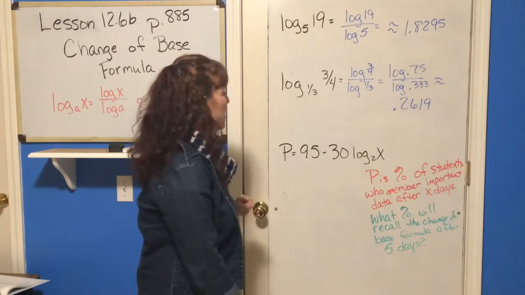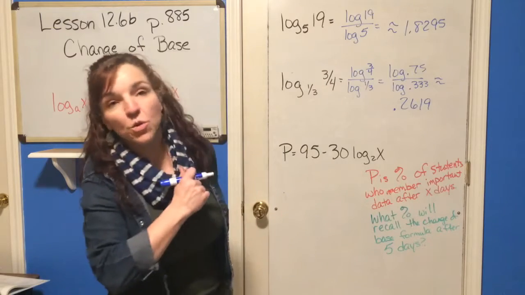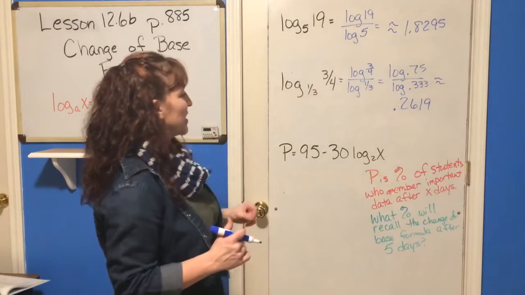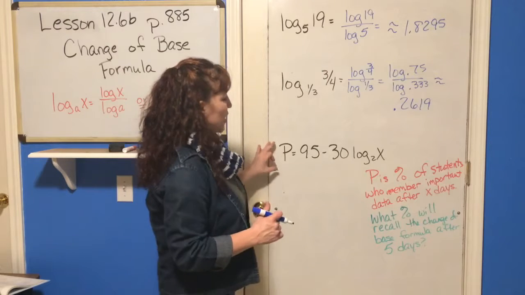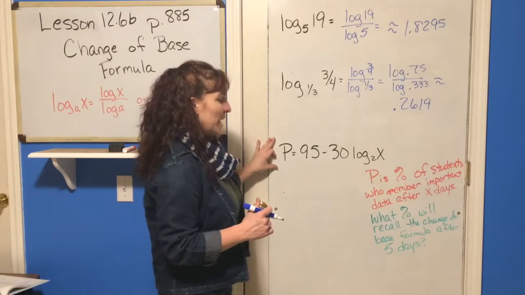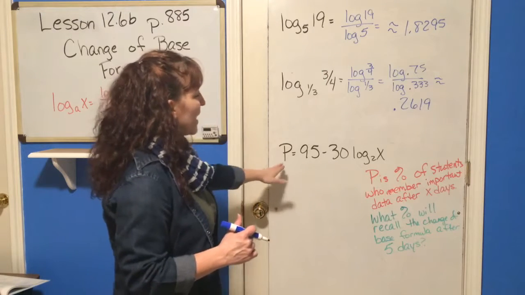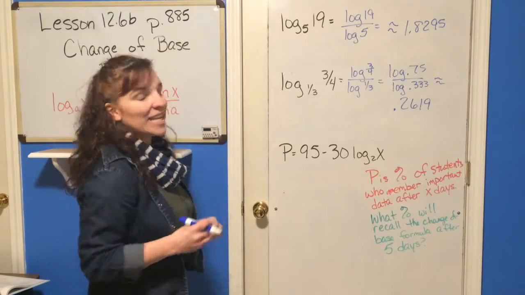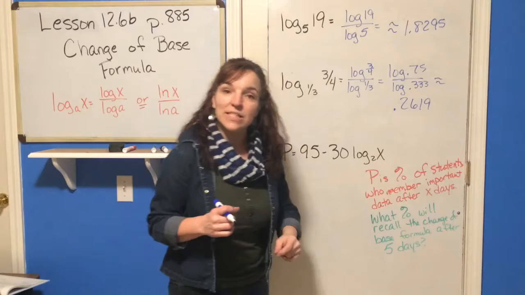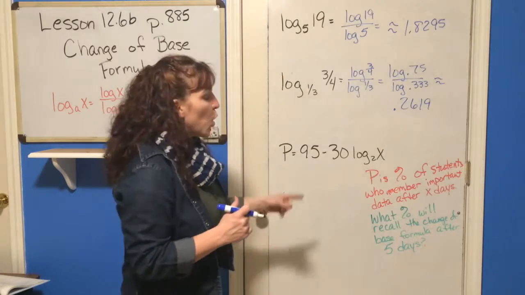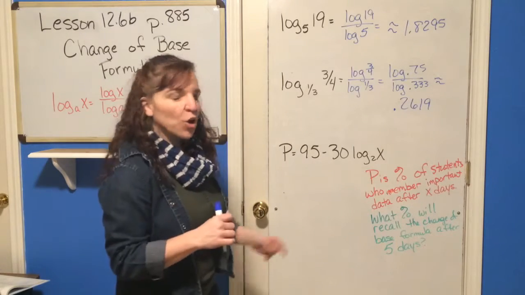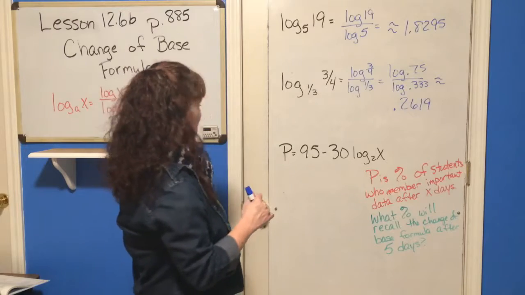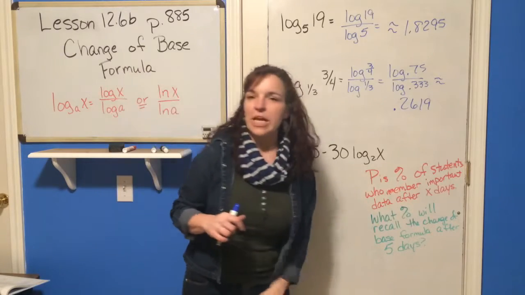All right, that's it. Now, of course, we're going to do a word problem because that was way too simple and quick. What I've got here is a formula that has been derived. P is the percentage of students who remember important data after x number of days. So what I want to know is what percentage of you are going to recall the change of base formula after 5 days?